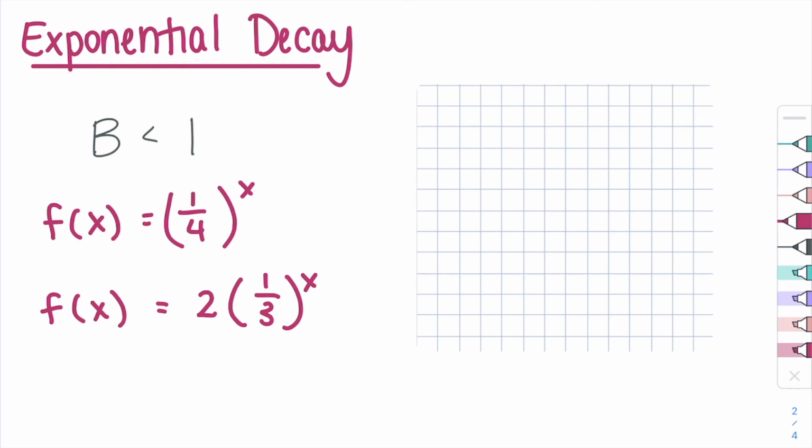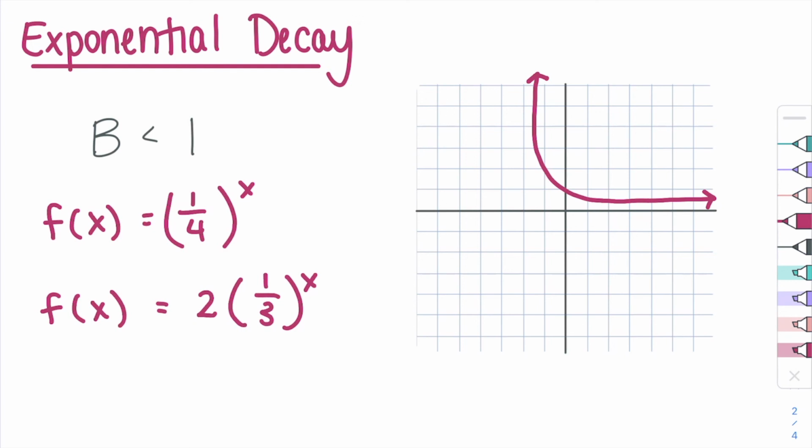Anytime you're working with a fraction less than 1, then you're going to have exponential decay, which means you're starting off slow, but instead of growing exponentially, now you're decreasing exponentially. So your graphs for exponential decay are the opposite. They slowly grow at the end.